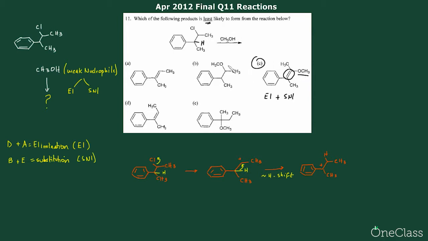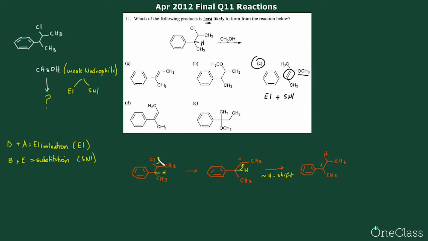So how do you get choice E? I wrote down a small diagram of the rearrangement taking place. Whether it's SN1 or E1 doesn't matter for choice E. The first step is carbocation formation, which happens when the bond between the carbon and the halogen, in this case chlorine, breaks.